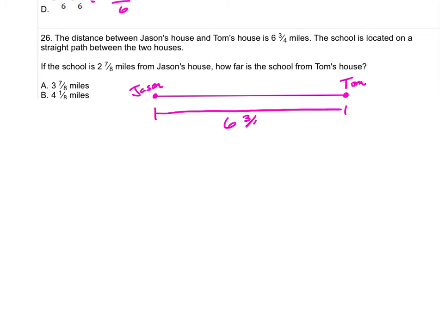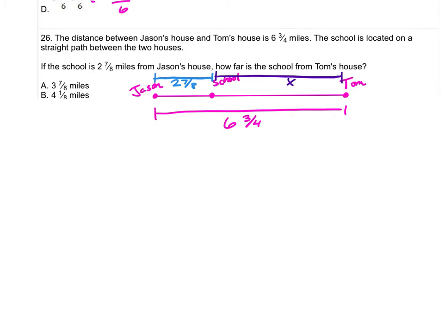And we see the school is located on this straight path, and it's 2 7/8 miles from Jason's house. So the school would be in this distance, 2 7/8 miles. And it asks us, how far is the school from Tom's house? We don't know. We'll call that x.